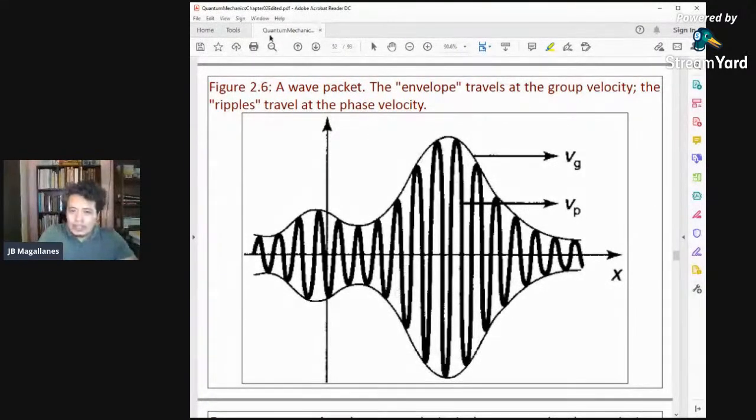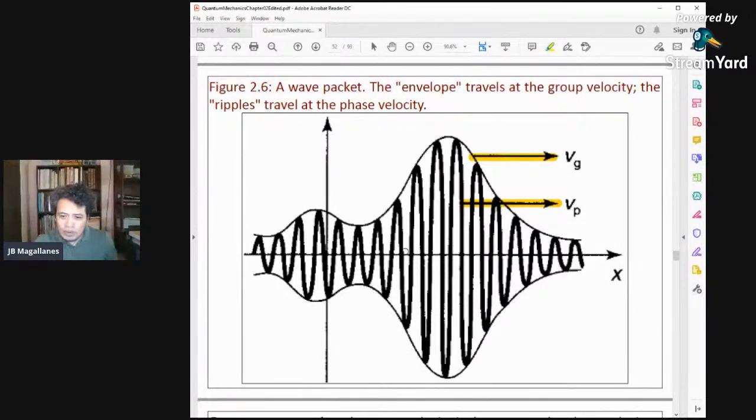If you look at this envelope or wave packet, this envelope of waves travels with a group velocity. All the waves, the combination of the waves, travel with a group velocity. And then each wave, or each ripple, has a phase velocity.